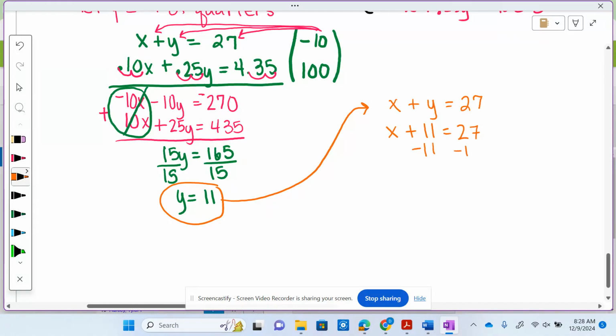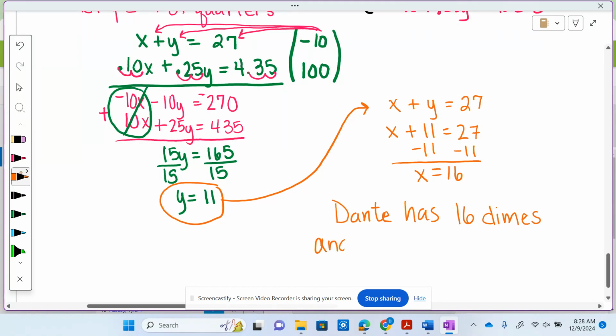Subtract 11 from both sides, and I find out that x equals 16. So Dante has 16 dimes and 11 quarters.